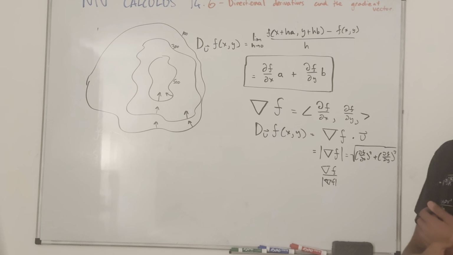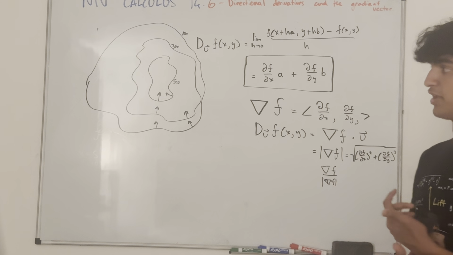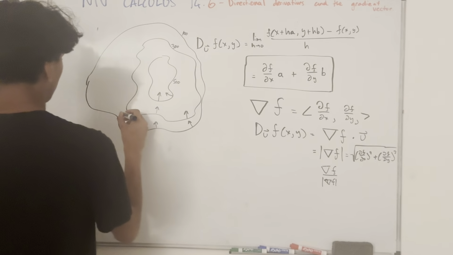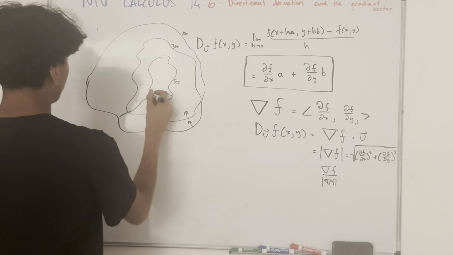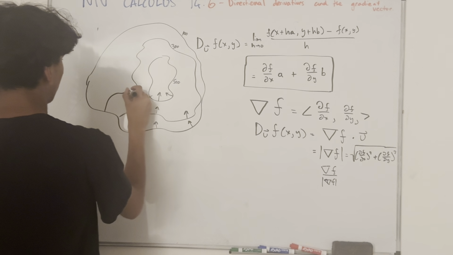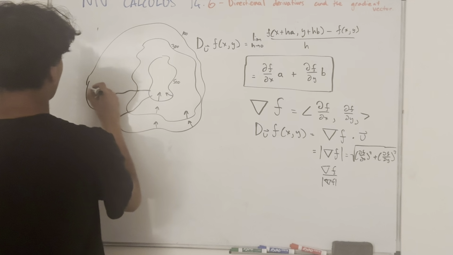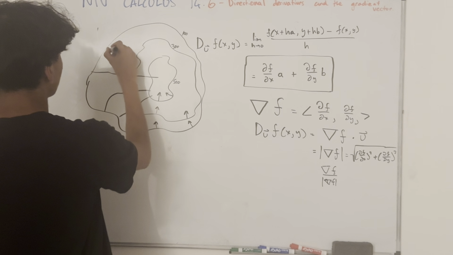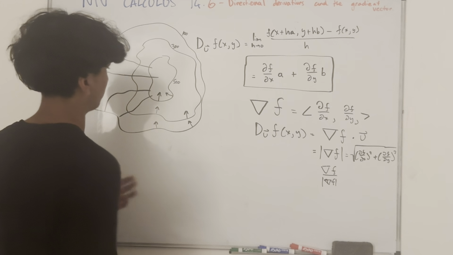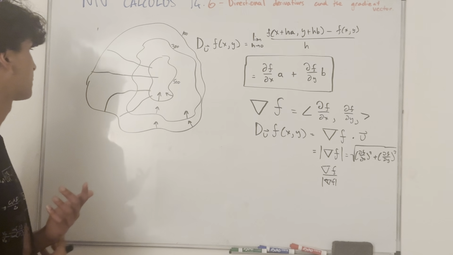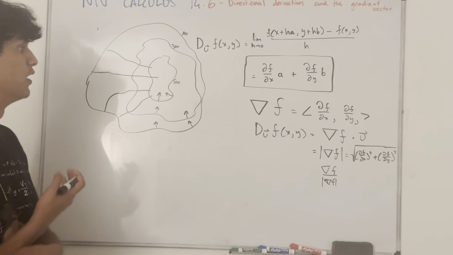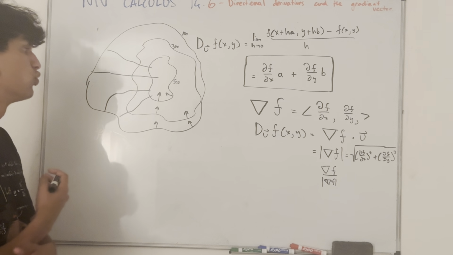I'm sure you can prove this. I don't know the proof, honestly. I'm actually probably going to read up after this. But you would see that you can get the curve of quickest or steepest ascent by following the gradient, which I think is pretty cool.